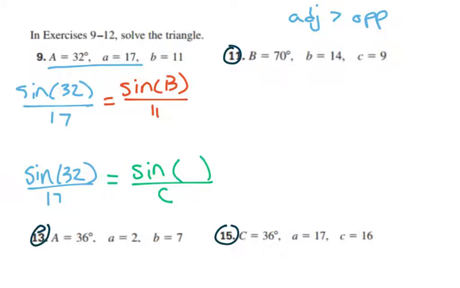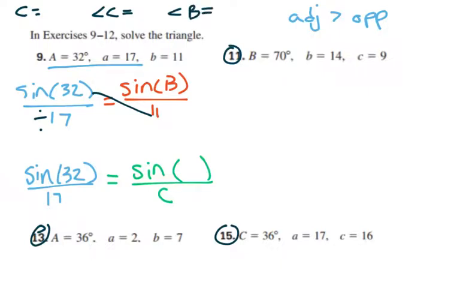So I'm going to cross multiply and divide to get my missing pieces, which are side C, angle C, and angle B. In order to get angle B, I have to multiply these two numbers and divide by 17.